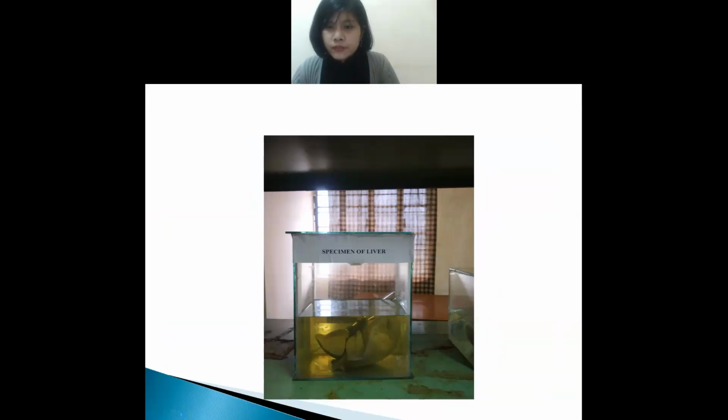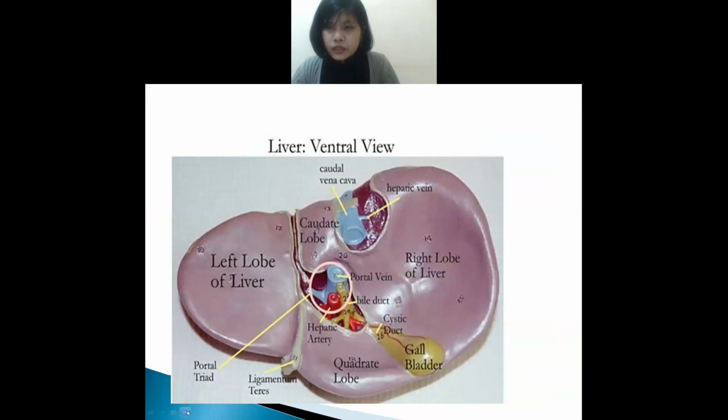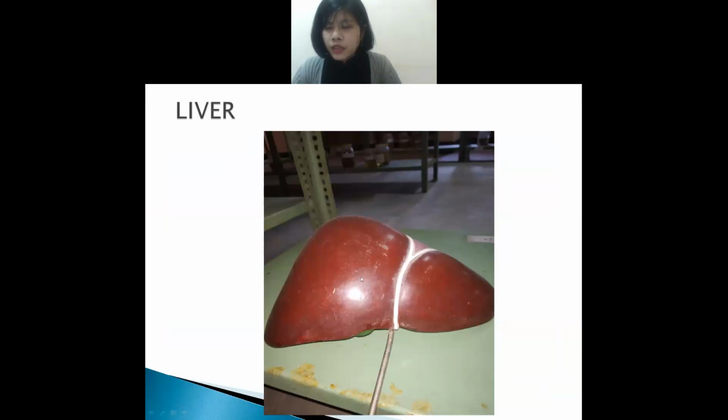So this is the liver, and this one is the lobes of the liver. I have collected it from your practical lab room. During the exam, they can show it in this way also.